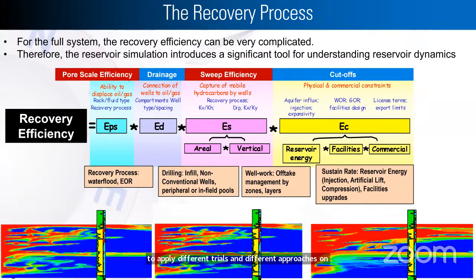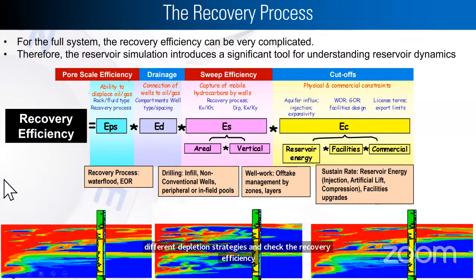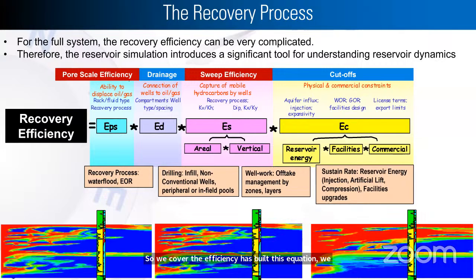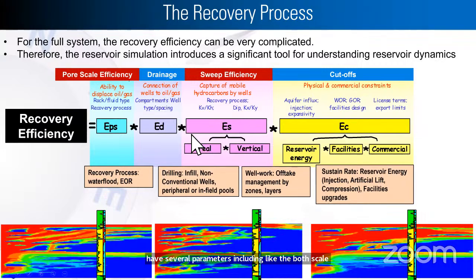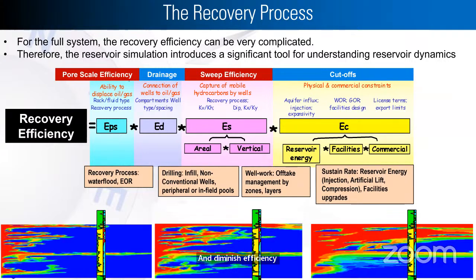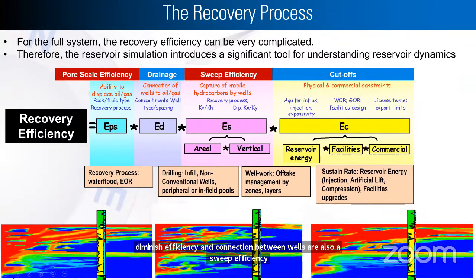and check the recovery efficiency. So for recovery efficiency, as per this equation, we have several parameters, including the pore scale efficiency and drainage efficiency and connection between wells, also the sweep efficiency in vertical and horizontal directions.